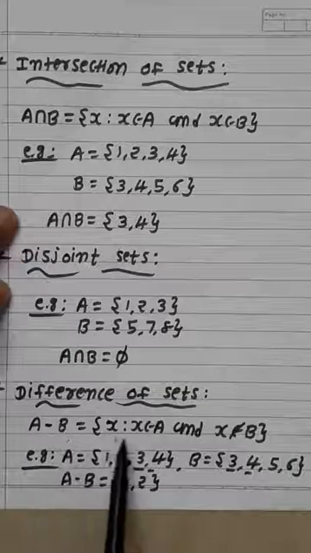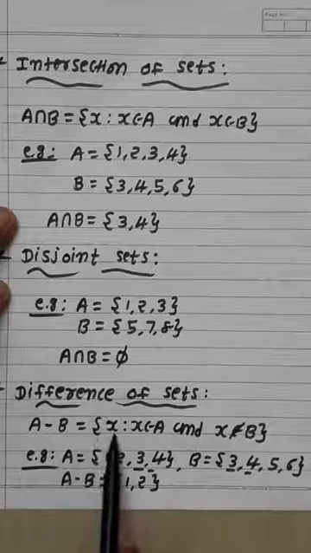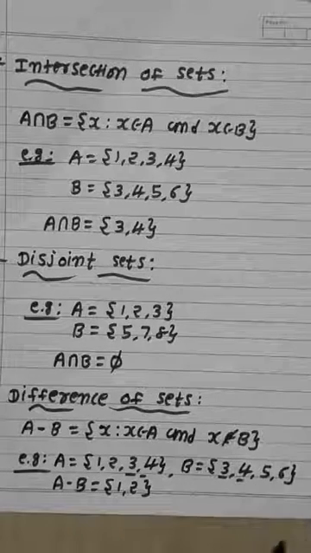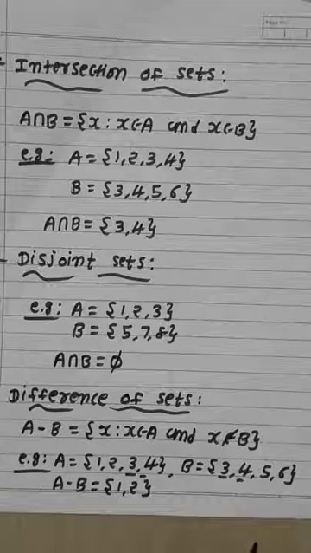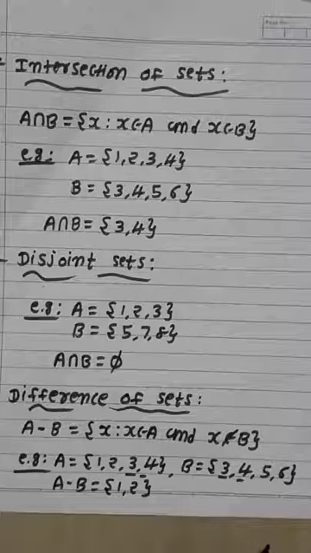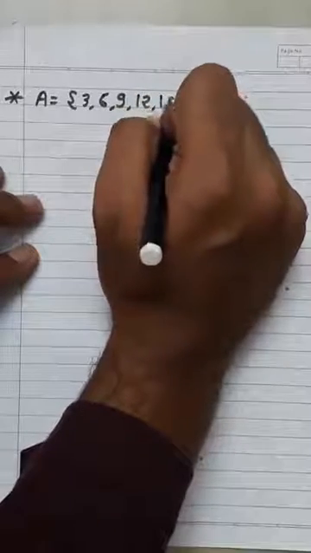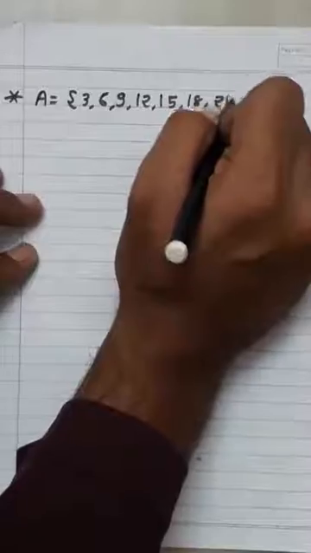So difference set, that means A difference B is equal to set of X such that X belongs to A and X does not belong to B. Now related to this, let's discuss one example. Suppose A is equal to 3, 6, 9, 12, 15, 18, 21.